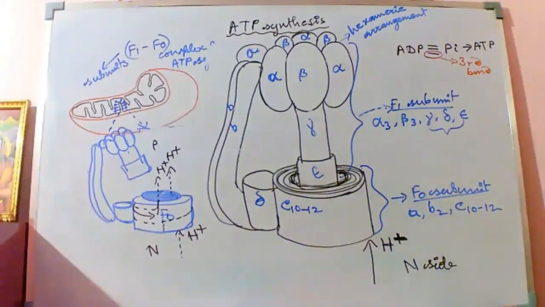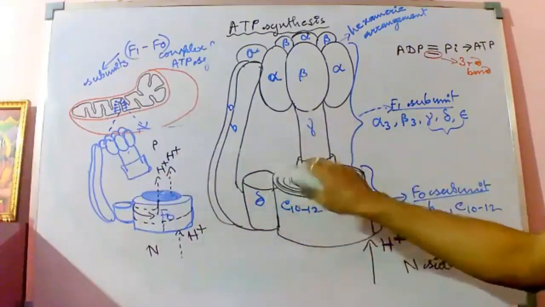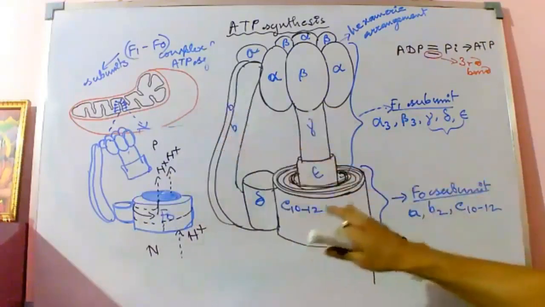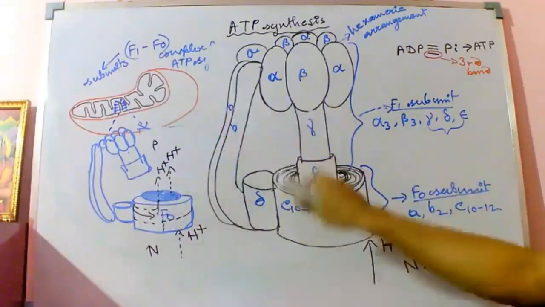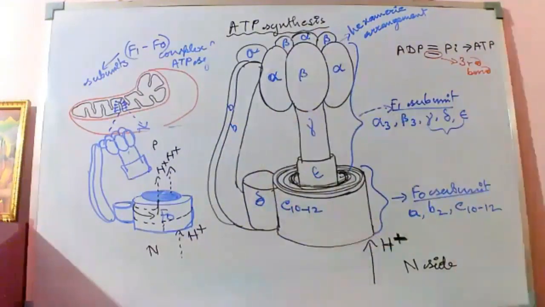So every time, this F1 subunit is getting detached from the F0 complex, and the desired number of protons are being pumped out.